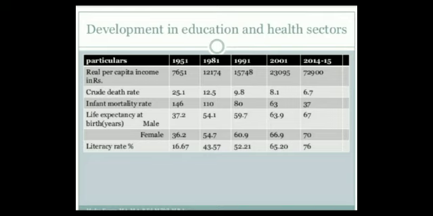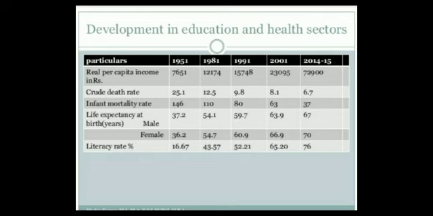Development, education and health sector. The real per capita income is shown for 1951, 1981, 1991, 2001 and 2014-15. Where all the data are given, the real per capita income is much higher in 2014-15 than in 1951.